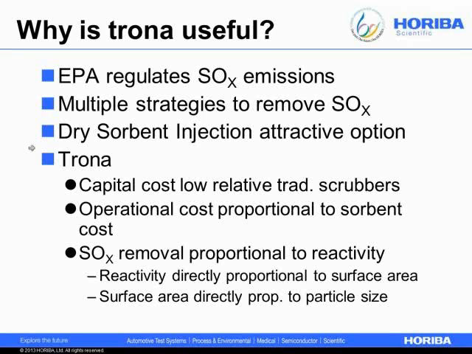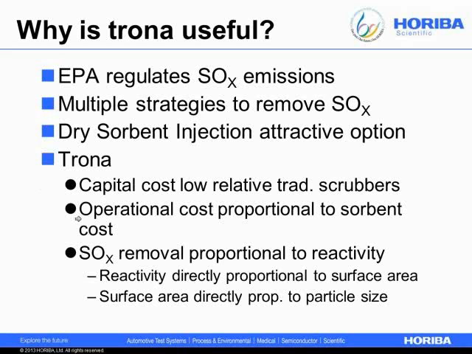That's where you take a material like Trona or perhaps sodium bicarbonate or maybe a more exotic third material, inject it directly into the flue gas where it will react with the SO2 and SO3 and precipitate it out. So then the precipitate is captured as it's carried along in the flue gas stream, either by an electrostatic precipitator or by a baghouse.